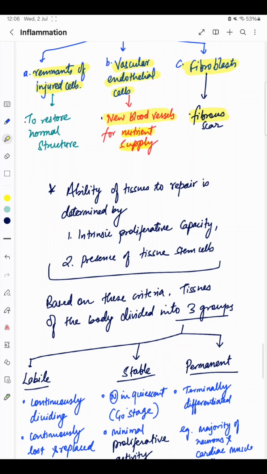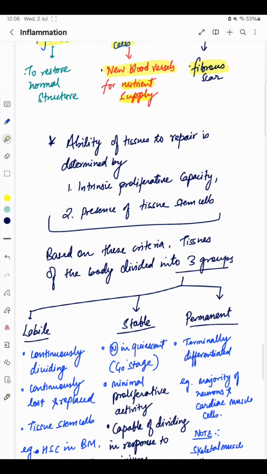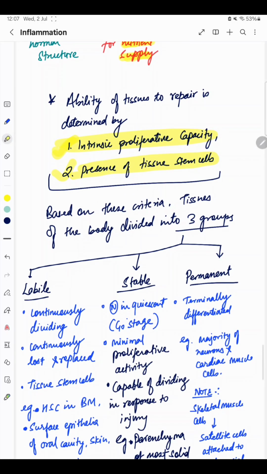The ability of a tissue to repair is determined by two factors. First is intrinsic proliferative capacity of that tissue or cell, and second is presence of tissue stem cells.